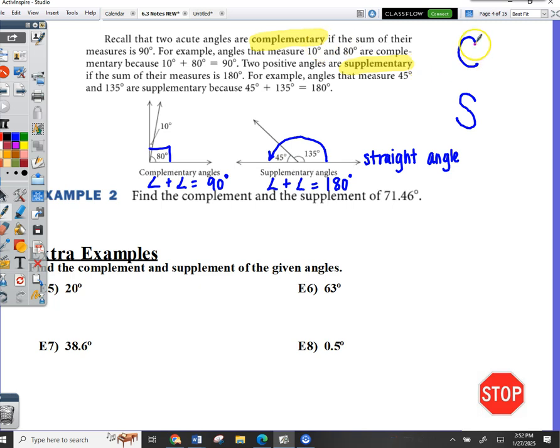Complementary adds to 90. Supplementary adds to 180. You see the difference? So a C can be made into a 9 and an S can be made into an 8. That's how you remember complementary adds to 90, supplementary adds to 180.